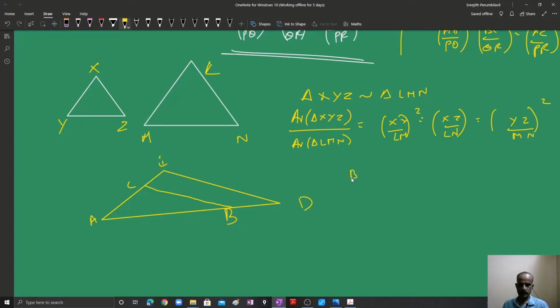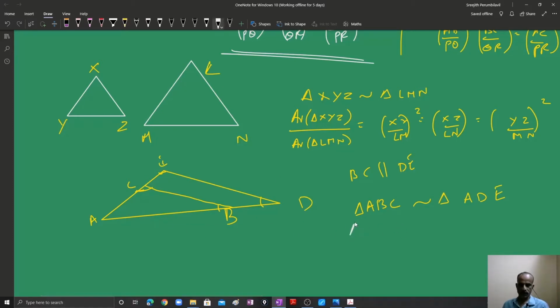Suppose BC is parallel to DE. That means this angle is equal to this angle. These two angles are equal. Therefore, I can claim that triangle ABC is similar to triangle ADE. Okay, these two triangles are similar.